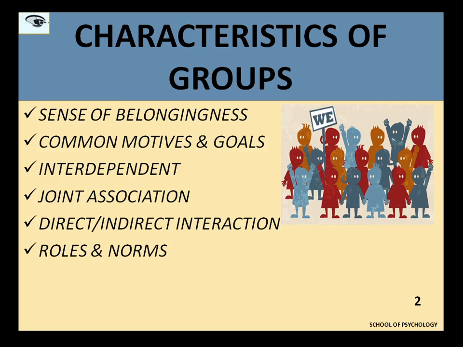When we talk about the third characteristic, it especially focuses on interdependence, so they are very much interdependent, which means that if any member of the group does anything, definitely the entire group has to pay for it, whether it's a gain or whether it's a loss.